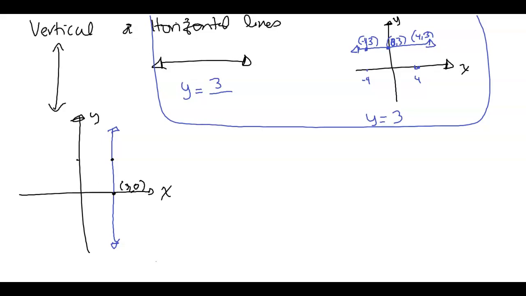Let's plot this point over here, let's say this is 4. This point over here is also 3, but the y changes. Now let's say I look at another point over here, this is -5. The x is still 3 and the y is -5.